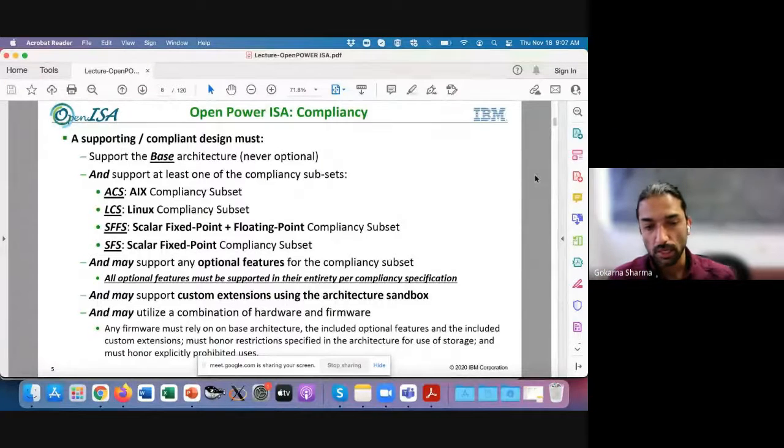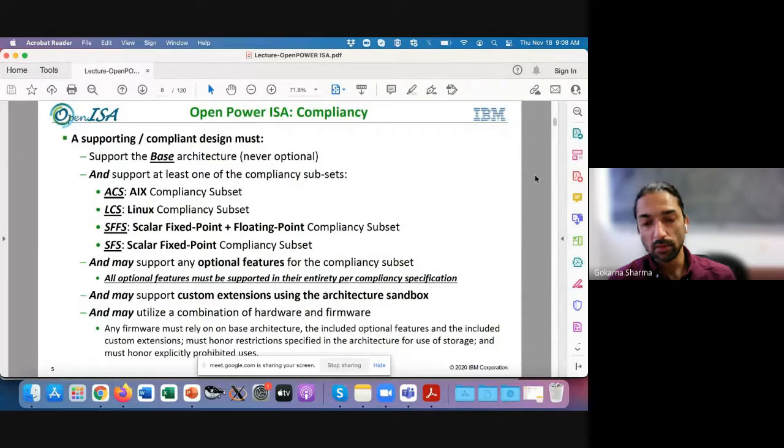So as we talked about the architecture sandbox, it gives you an option to try new instructions. You can work on some instructions, and if they work well, do not conflict with any of the instructions that are there, you test enough, and everyone agrees that this is a new feature supported in the system, then this custom extension can become part of the main architecture.